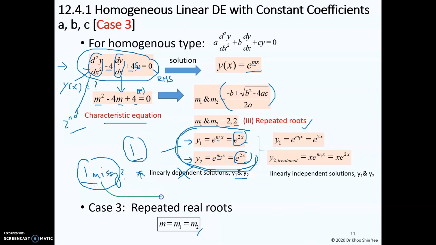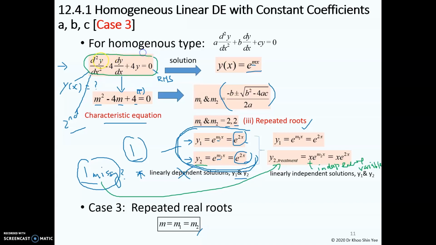To find the missing solution, you need to perform a treatment. So for your second solution, you need to multiply with x, which is the independent variable, which you can find from the ODE equation here. So y is your dependent variable, and then your x here is the independent variable.